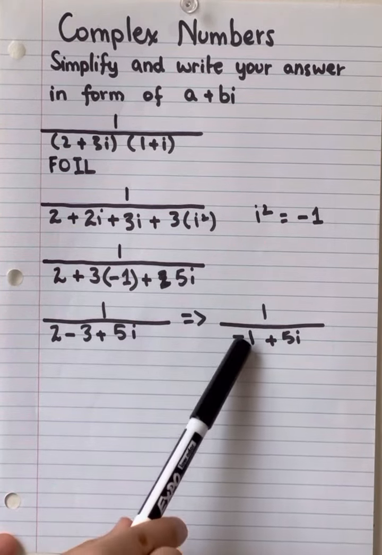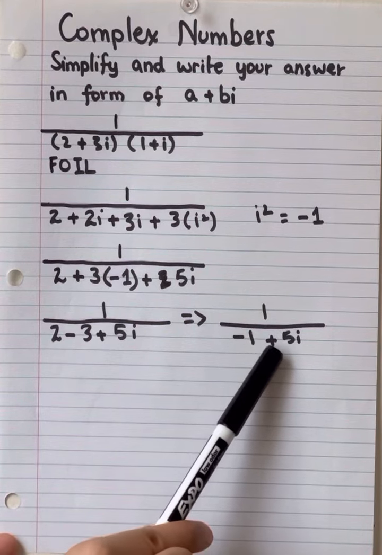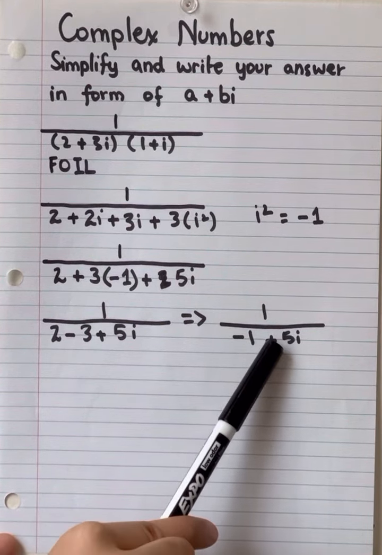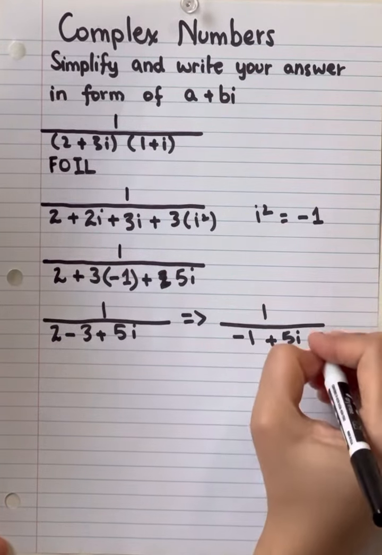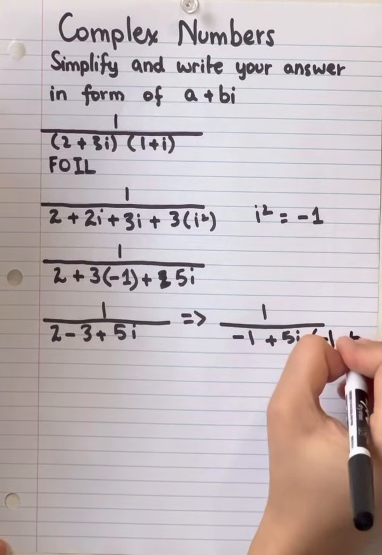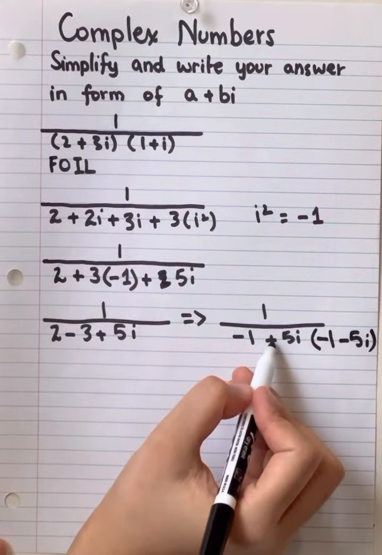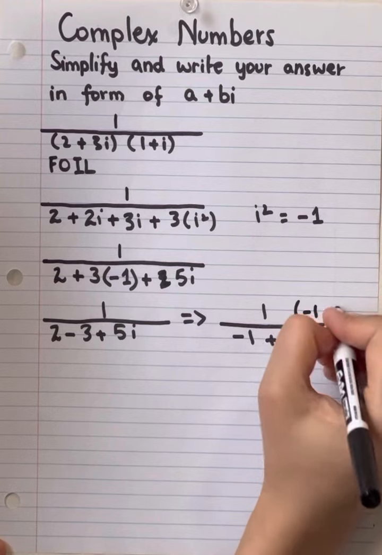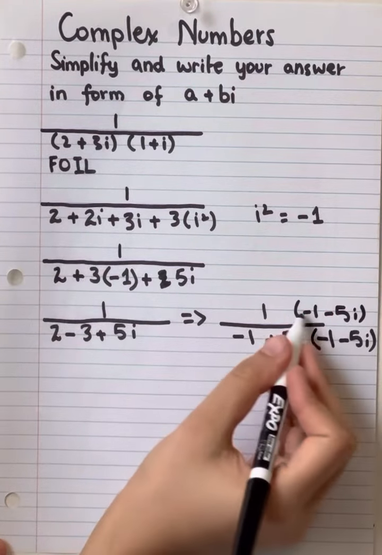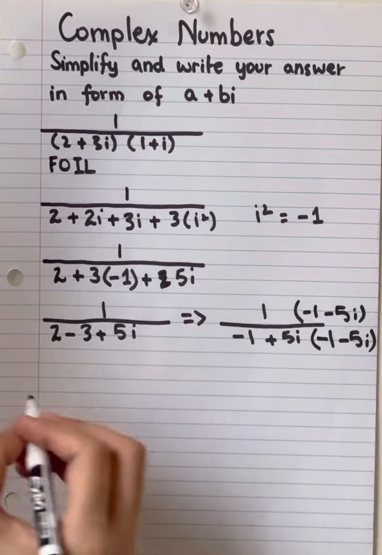Conjugate is the same real number sign, but the opposite sign for the imaginary number. So here, the conjugate of -1 plus 5i is -1 minus 5i. I'm going to multiply the numerator with the same conjugate.